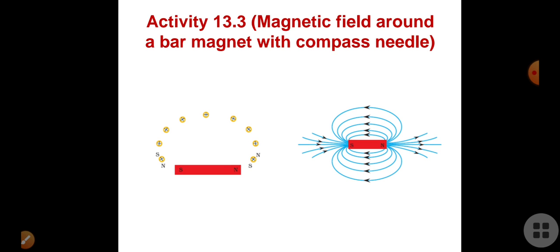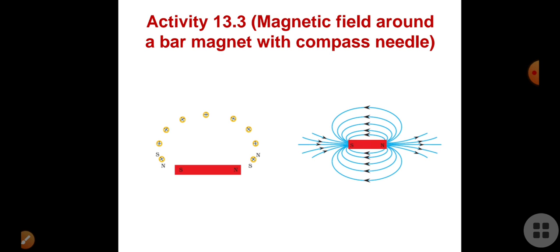After that, again we pick this compass needle from here and place it on another side in such a way that the south pole of this compass needle will be at this point where we have marked the north pole, and the north pole will go on the other side. And on another side again we'll mark a point with the help of a pencil which shows the north pole of the compass needle at this position.